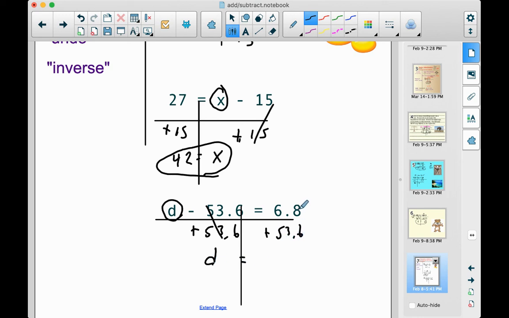If I add those together, decimal points lined up. 8 plus 6 is 14. Carry the 1. 6 plus 3 plus 1 is 10. Decimal comes down. Carry the 1. 6. So I got 60.4. And there's my answer. If I plug that in, 60.4 minus 53.6 will in fact give me 6.8.